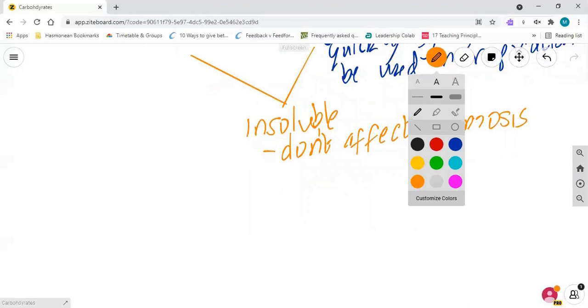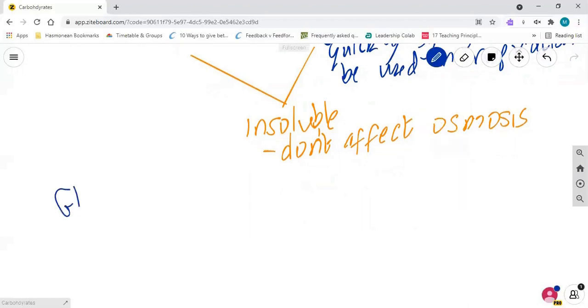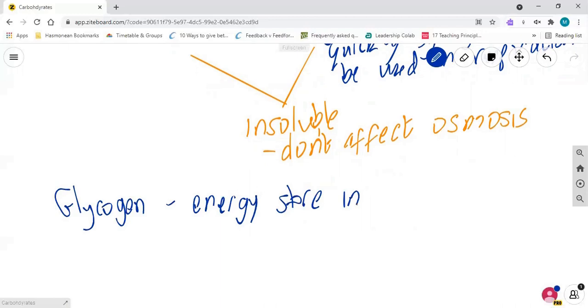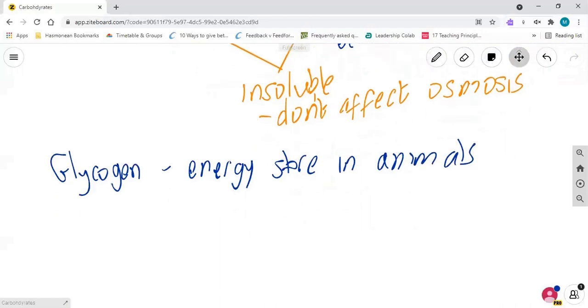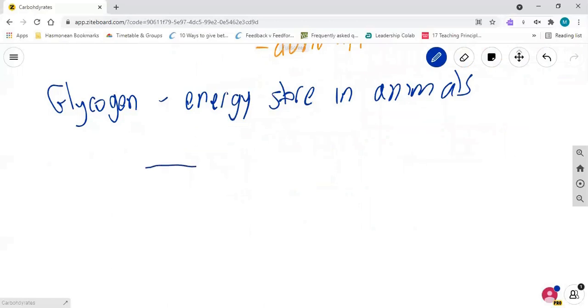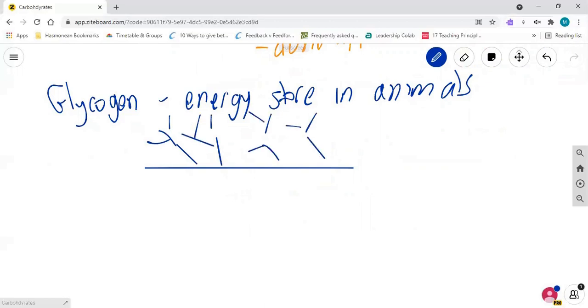So what about glycogen? Well, there's not much I need to say about glycogen. And if you remember from GCSE, glycogen is the energy store in animals. If I draw it, then you will recognize it very quickly as being very similar to amylopectin.